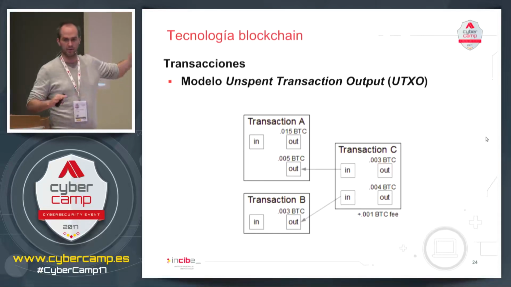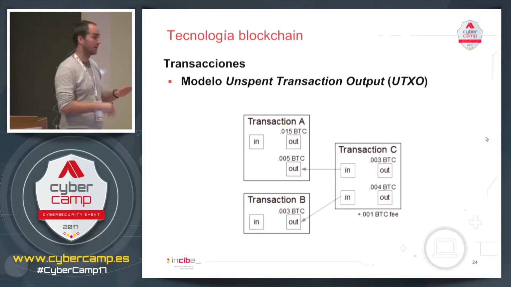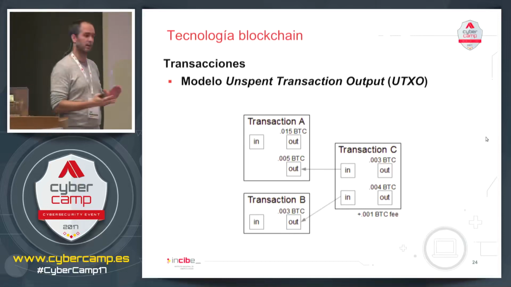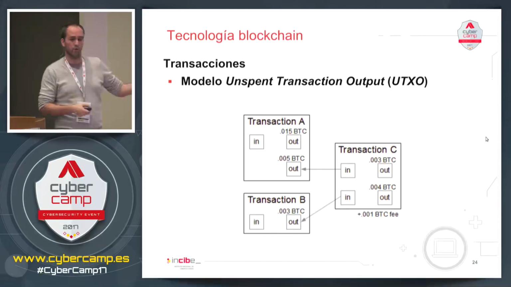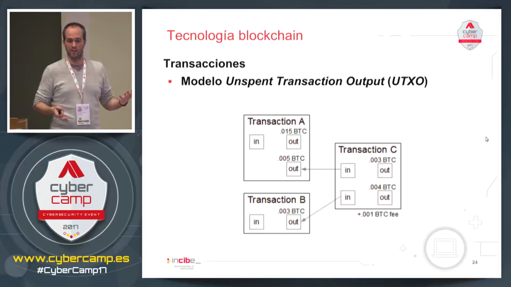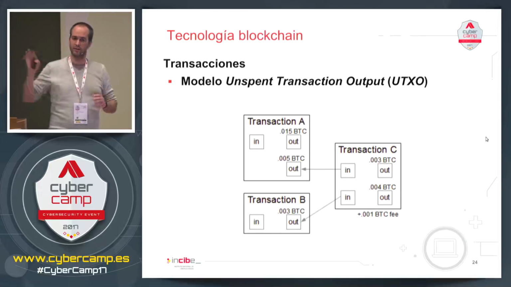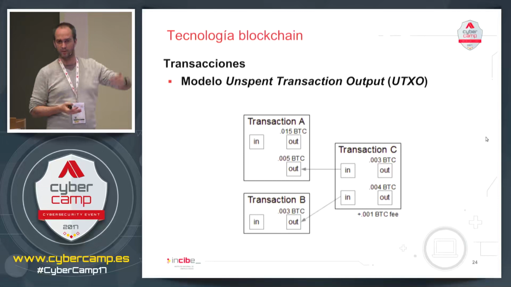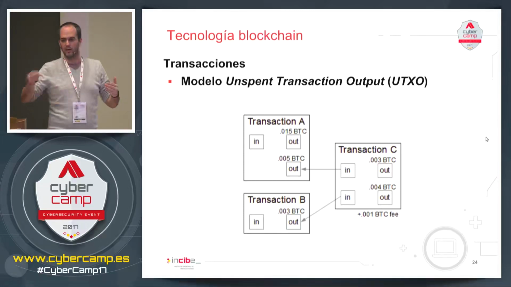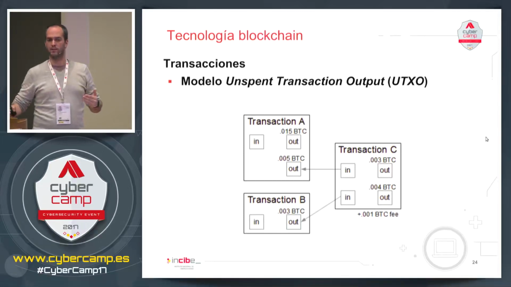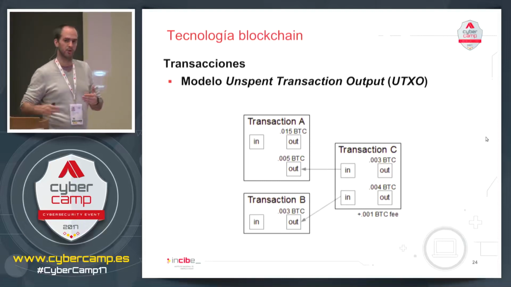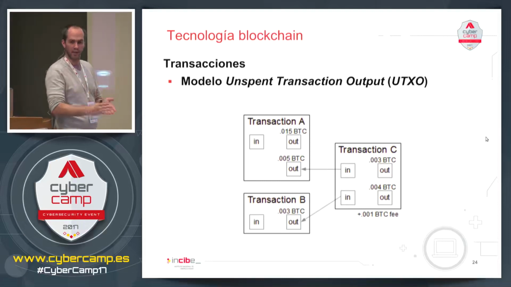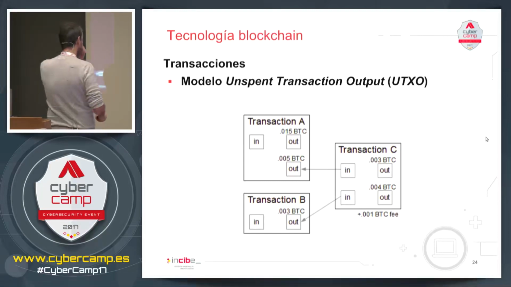If it has been spent, it's no longer valid, independently of the ins and outs. If it hasn't been spent, the next thing I have to do is check that the value of the ins is greater than the value of the outs. You can't say that I've got 5 euros, but I want to pay 30. No, the ins have to be 30 or more, and the outs can be no more than 30. If the outs are more than the ins, it won't work.